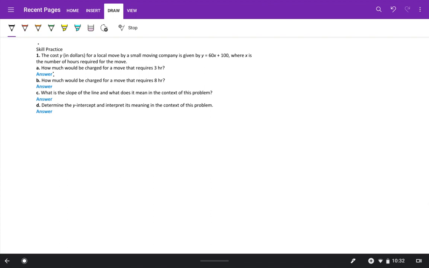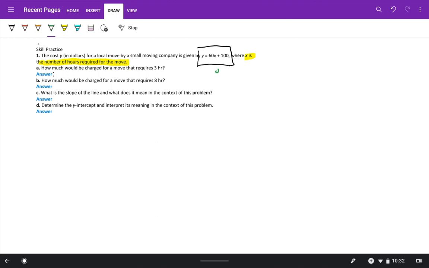So we have the equation y equals 60x plus 100, and x represents the number of hours required for a move, and y represents how much we pay the moving company.